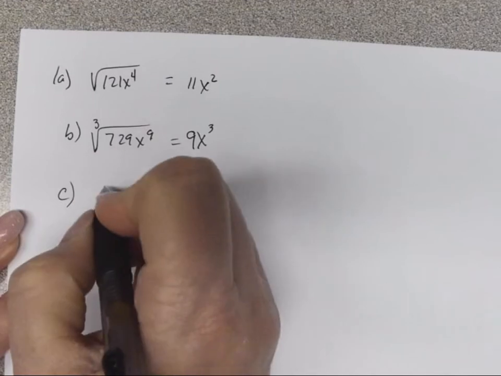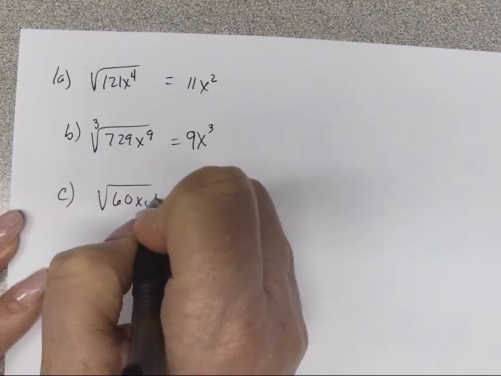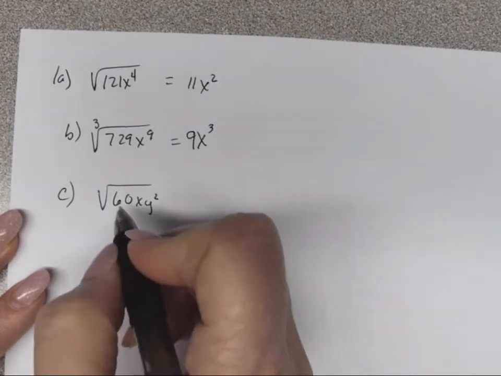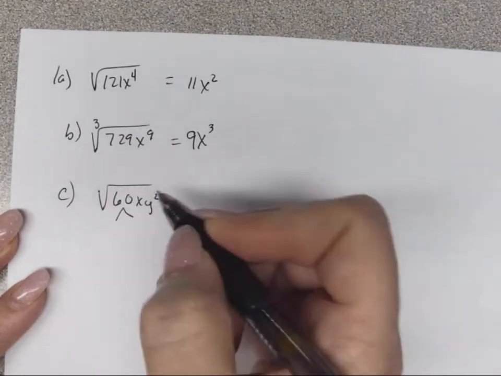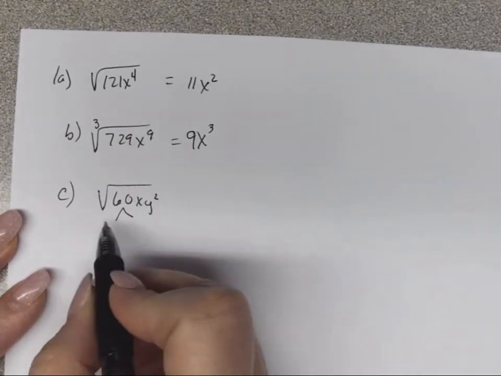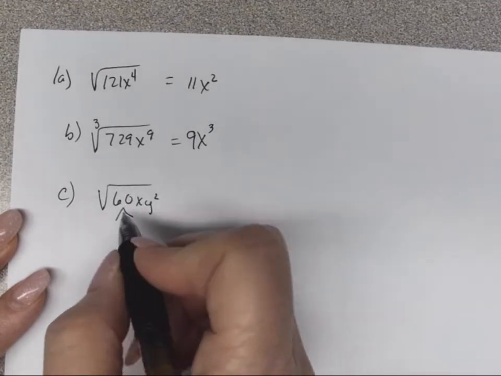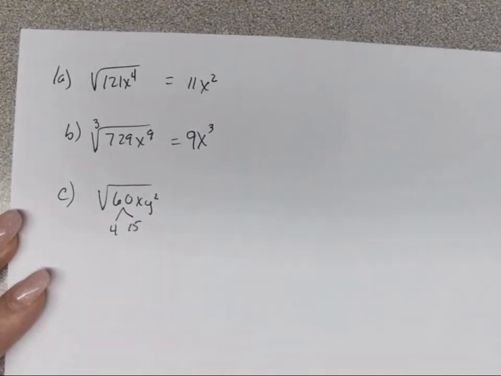Now if we look at the next term, we have the square root of 60xy squared. So this is not a perfect square, so we're going to have to factor that down. And you can use any of the factors you want. You could do 2 times 30. We're going to do 4 times 15 just to show you can use anything.